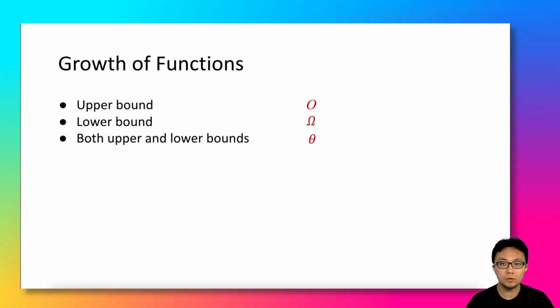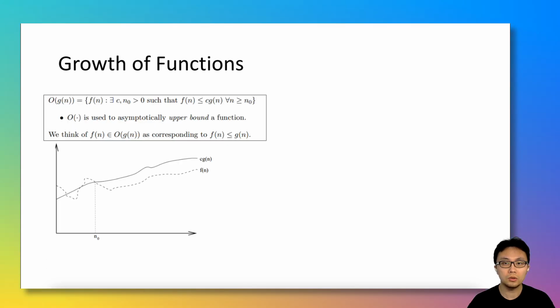So let's introduce the formal definitions of the upper, lower, and the tight bound one after another, starting with the upper bound. So here is the formal definition of the upper bound. The definition is written using a lot of math symbols. Let me help you decipher them in case a symbol is foreign to you.